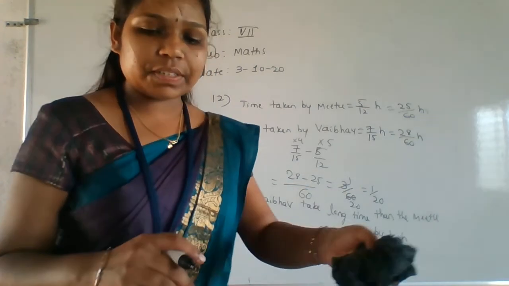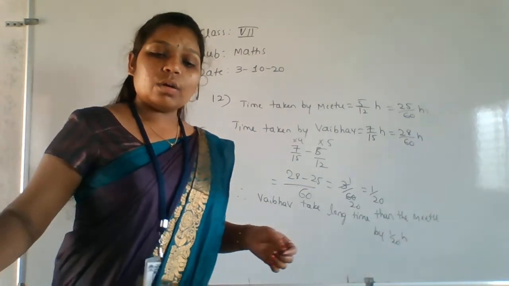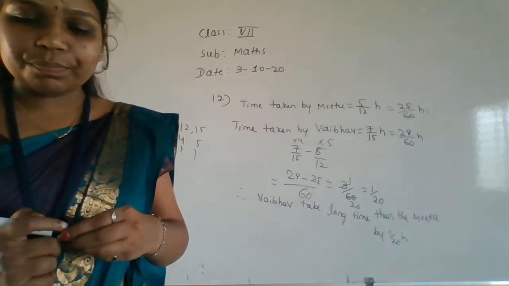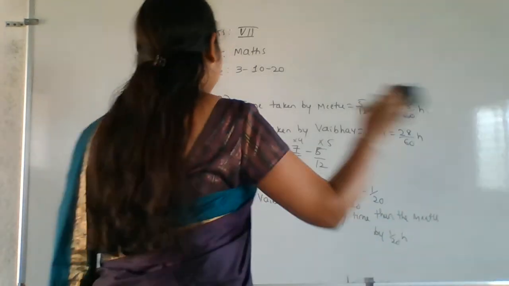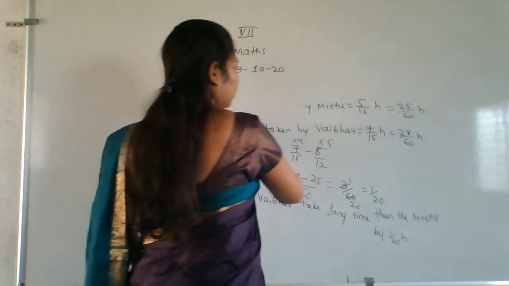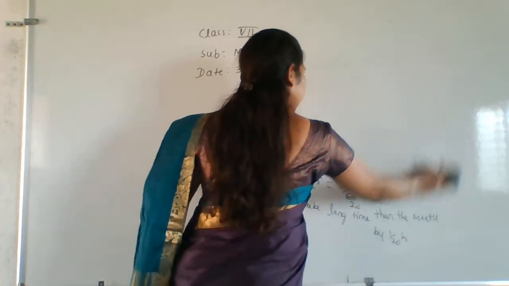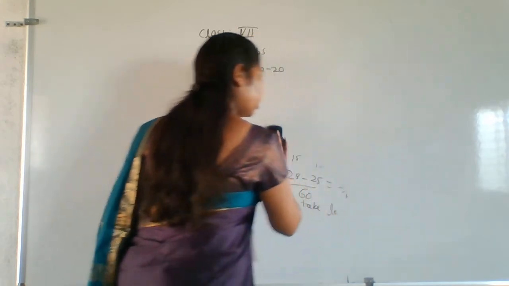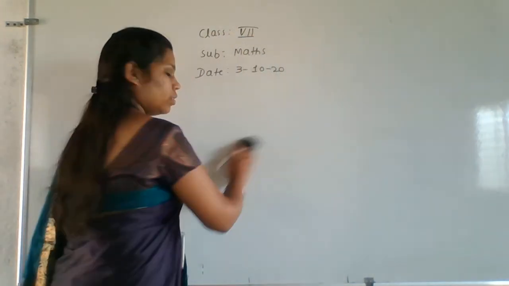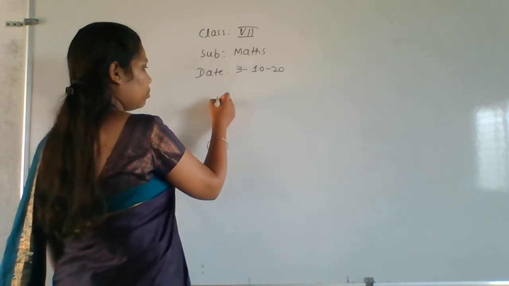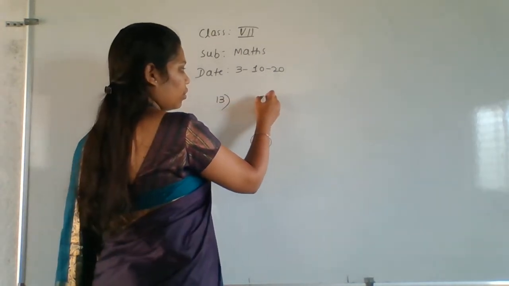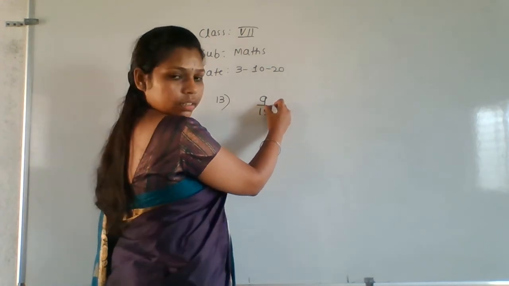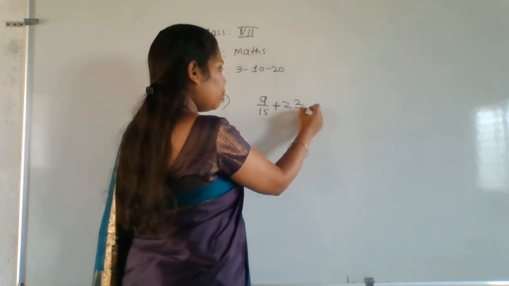Okay, so next one is the 13th one. What should be subtracted from 9 by 15 to integer 2 by 5?